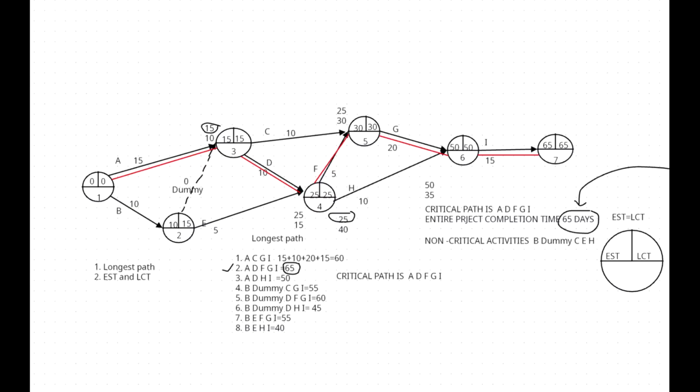Based on the critical path, it means we are going to complete only A, D, F, G, I, because the critical path has activities A, D, F, G, I. If you add the durations 15, 10, 5, 20, 15, altogether 65. It means we complete only these particular activities. If you complete those particular activities, it's not the complete entire project.